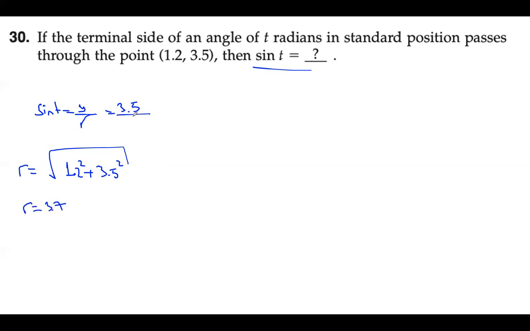So in the above fraction, the denominator is 3.7. 3.5 divided by 3.7, I use the calculator. Let me try to make it a fraction, 35 over 37. So they just cancelled the decimal points. They couldn't simplify these numbers because they don't have any common factor. That's the answer, 35 over 37.